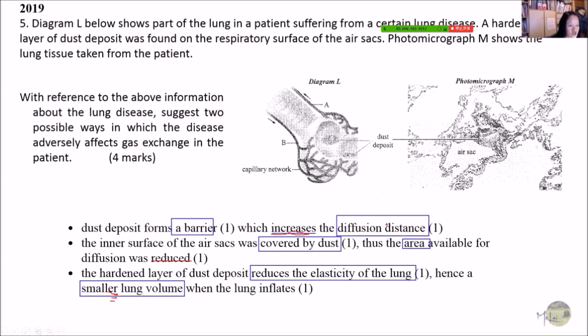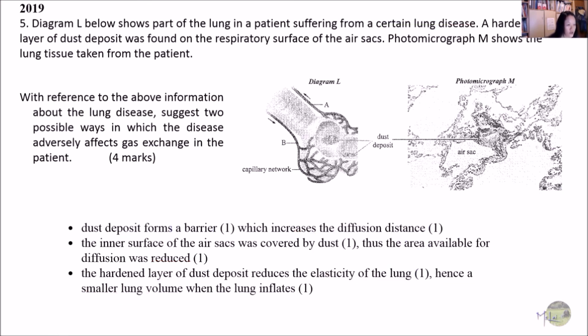You have to judge how these would affect the diffusion distance, the surface area, the elasticity. This one, elasticity, will reduce the lung volume.